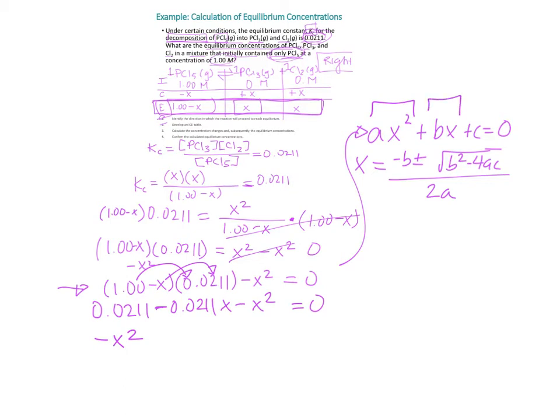Now we need the bx, so the value with x and a number in front of it, which is this right here. So minus 0.0211x, and then finally just the number by itself, c, plus 0.211 equals 0.